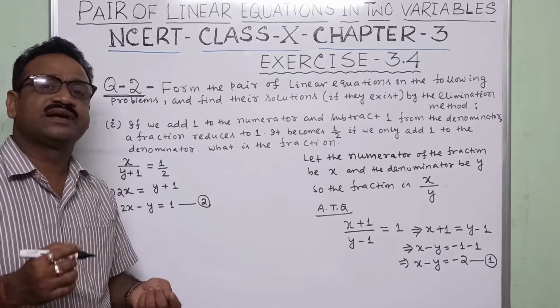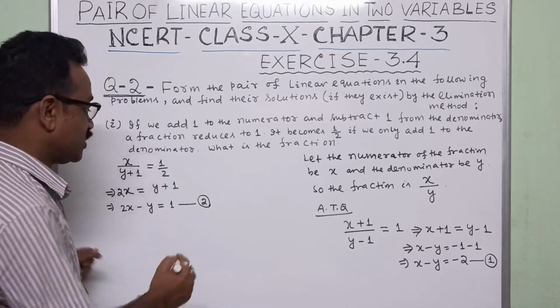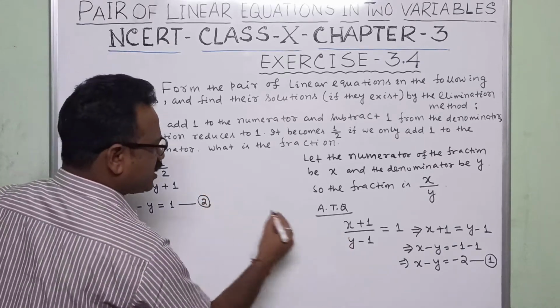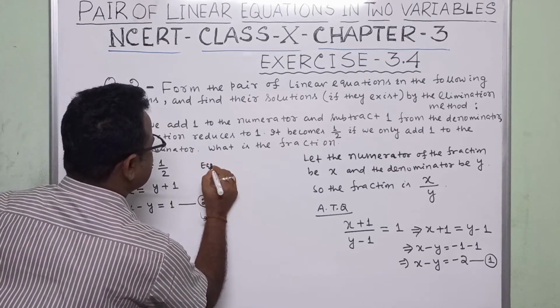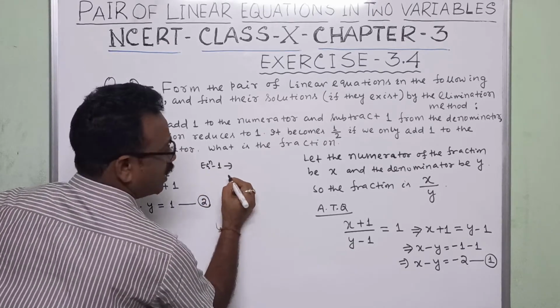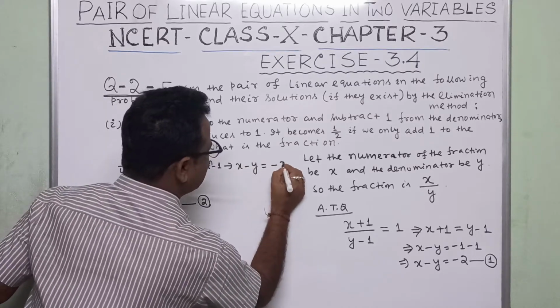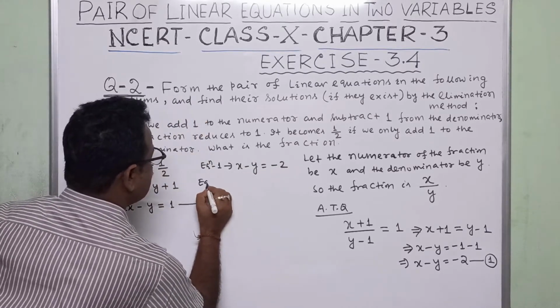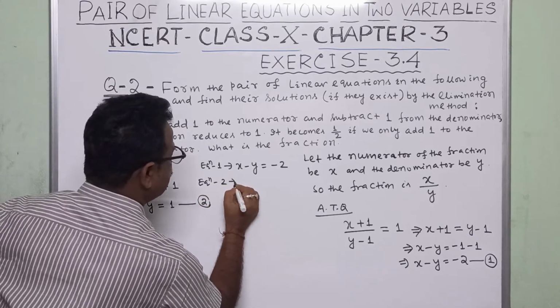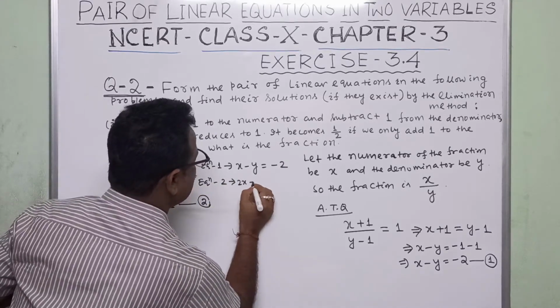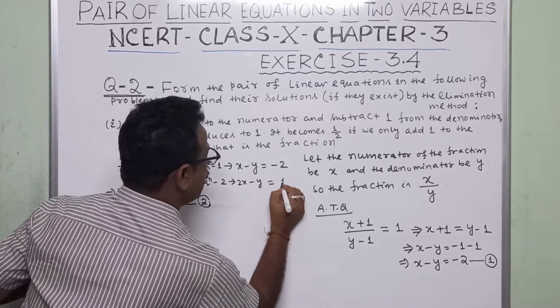Different sign, addition. So now see, equation 1: x minus y is equal to minus 2. Equation 2: 2x minus y is equal to 1.